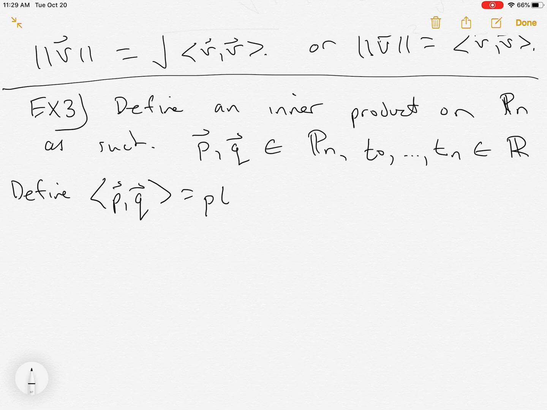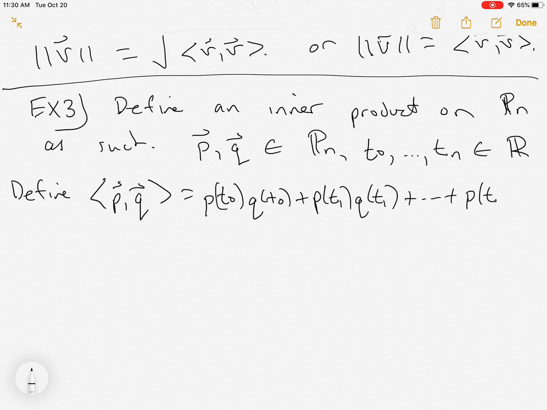You go P of T naught times Q of T naught plus P of T1 times Q of T1 plus dot dot dot P of Tn times Q of Tn.